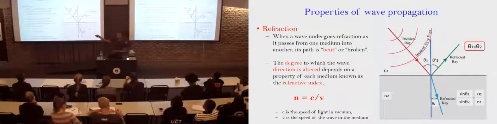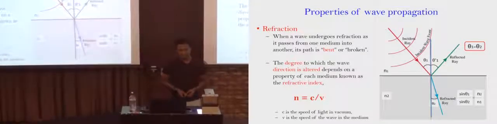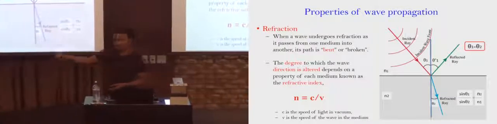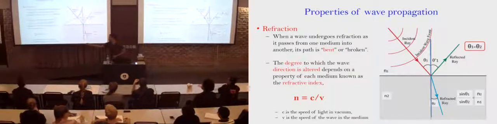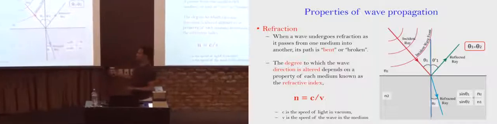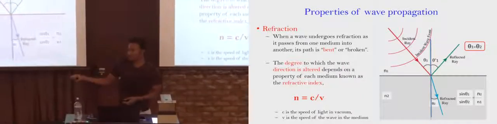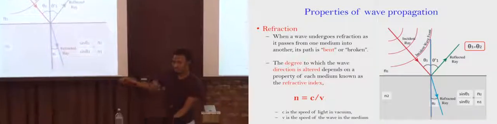So it will attenuate the incoming wave, and the direction will also be changed or bent. n can be found by dividing the speed of light by the speed of light in the medium. So if the medium has high density, the velocity of the incoming wave will decrease in this medium.